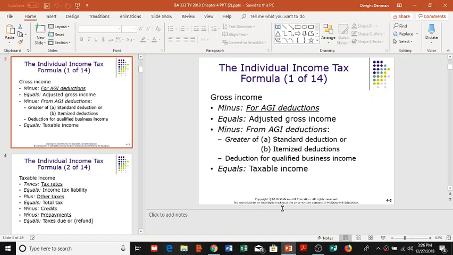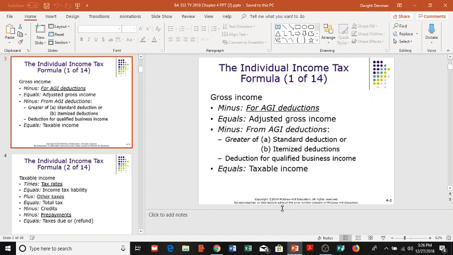The start of determining the tax liability of an individual taxpayer begins with gross income. So that's a term of art that we'll talk about. From gross income, you subtract for AGI deductions.